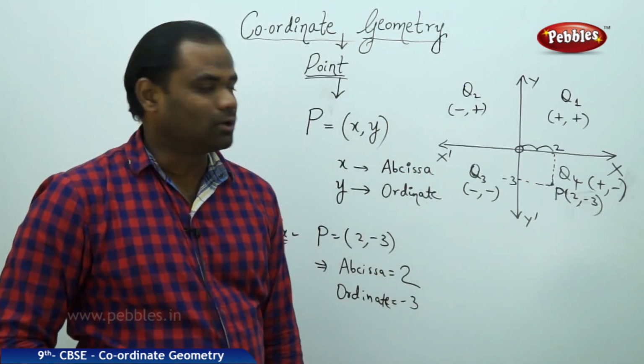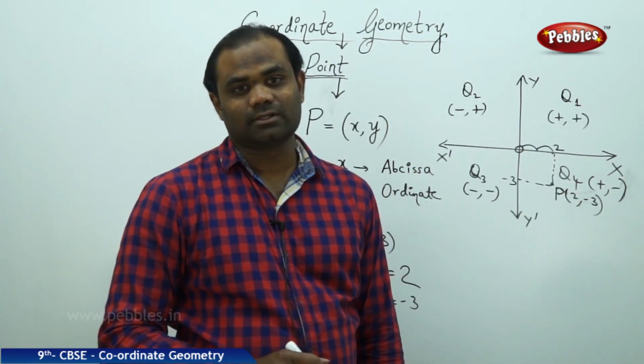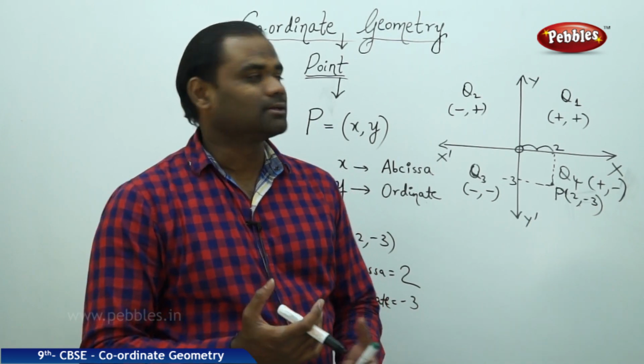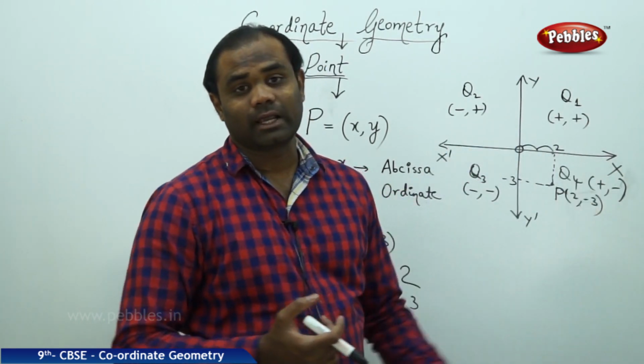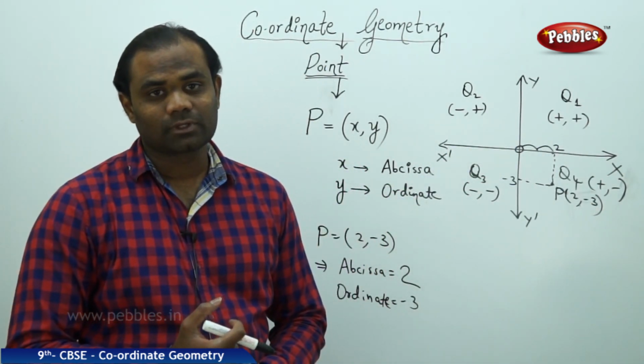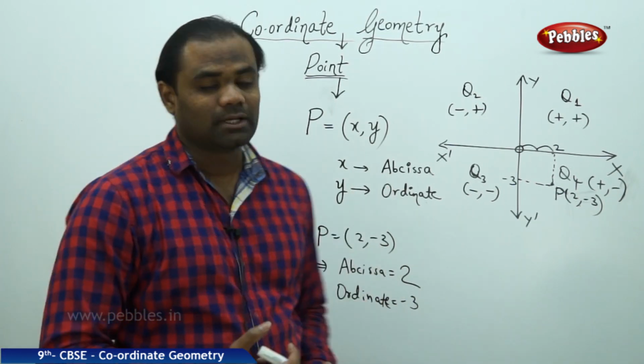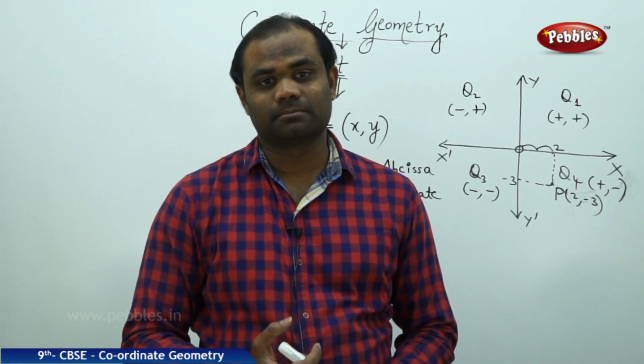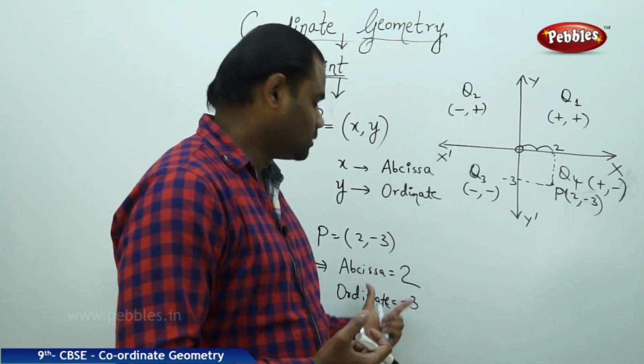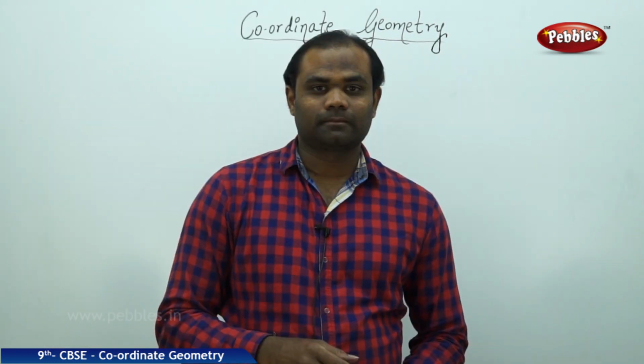The point is located in the fourth quadrant using the signs of the abscissa and the ordinate.